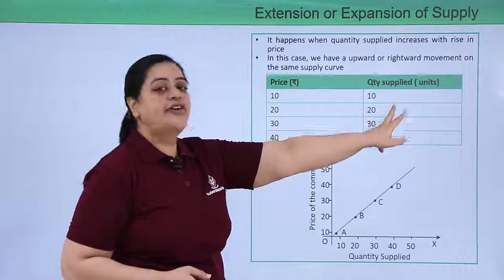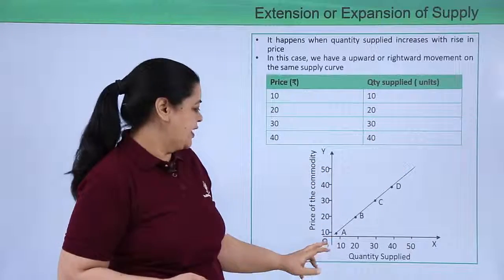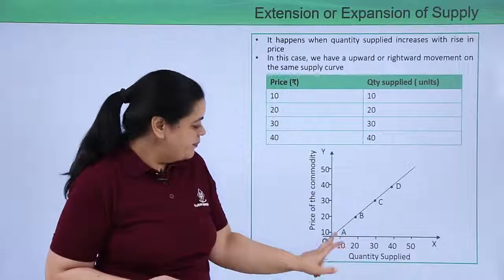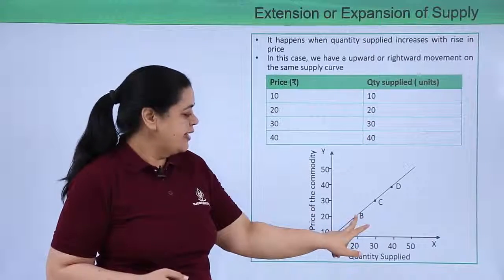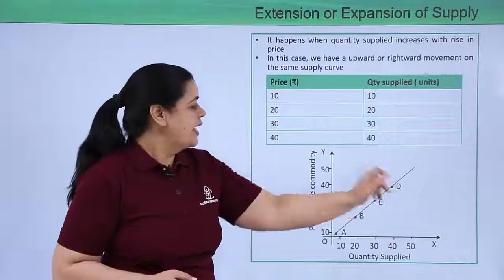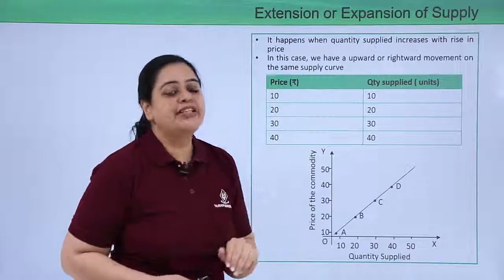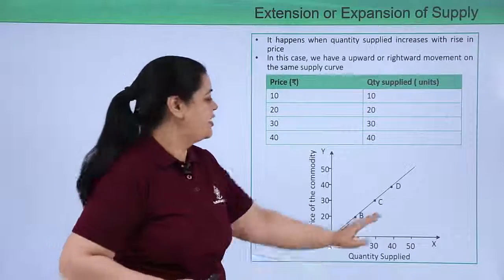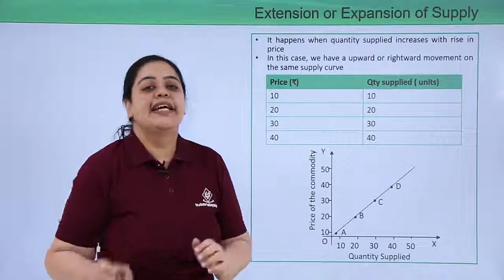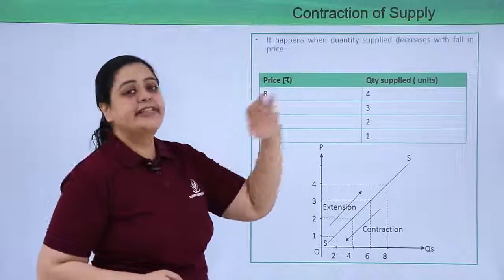Here the quantity supplied increased to 10, 20, 30 and 40. So, that is how you can see here. Basically here there is a movement along the same supply curve, but an upward movement because it is an expansion happening. Now, let us see the contraction.